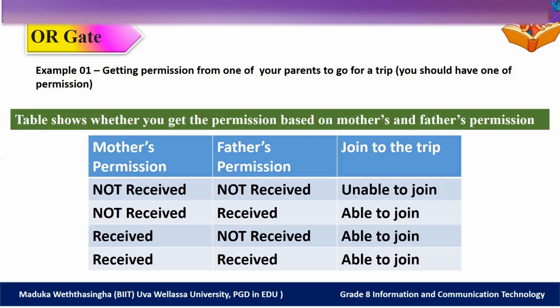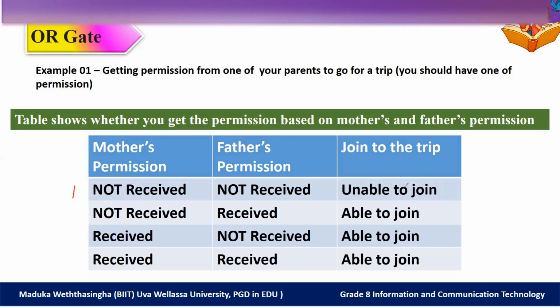At the first instance, your mother will not give the permission. Your father does not give the permission. It means you don't have at least one permission.